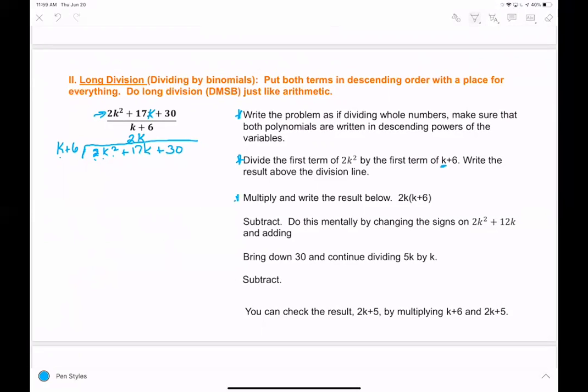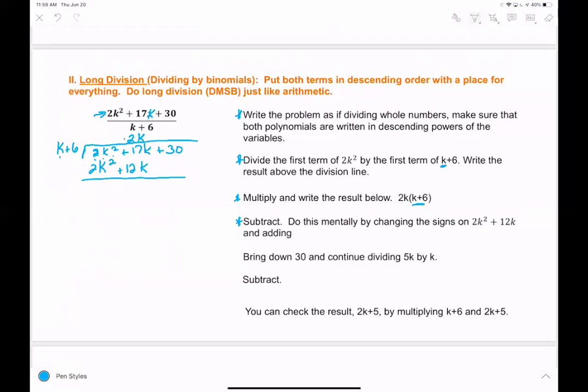The next thing we're going to do is multiply the 2k by the k plus 6 in front. So 2k times k is 2k squared, and then 2k times 6 is 12k. Now we're going to subtract.